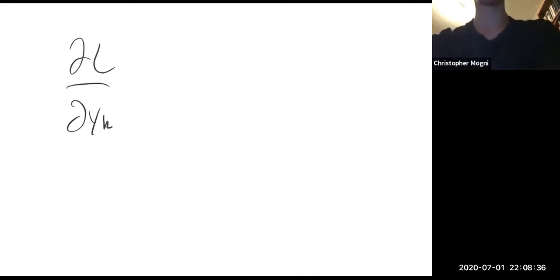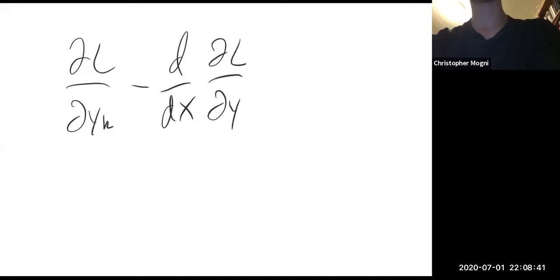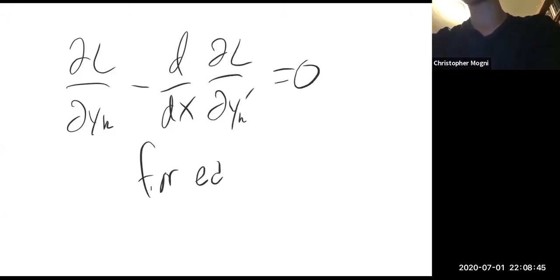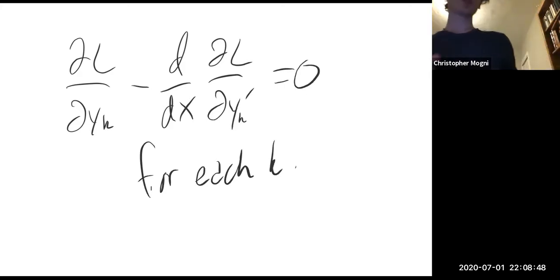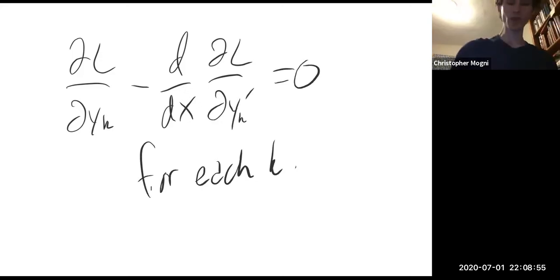What that means is that for each function yk, we'll find that dL dyk minus d dx dL dyk prime is equal to 0 for each k. So what's kind of cool about this is that you actually end up with n different expressions for the n different y's that show up.